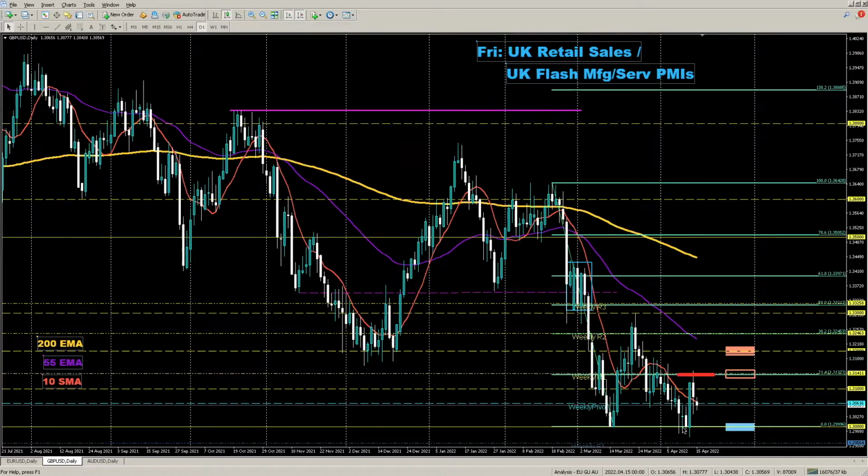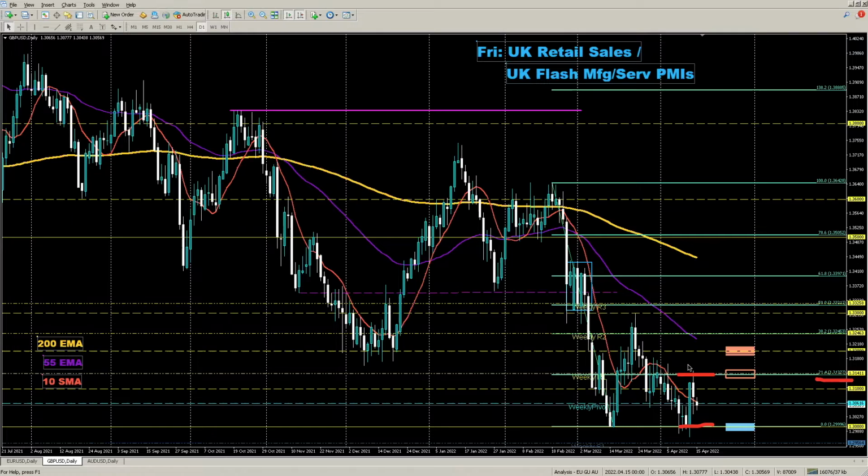So now it's constrained between these two levels, with the round figure of 130 and the 21 retracement.